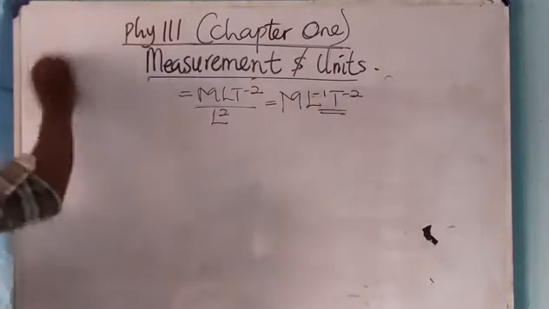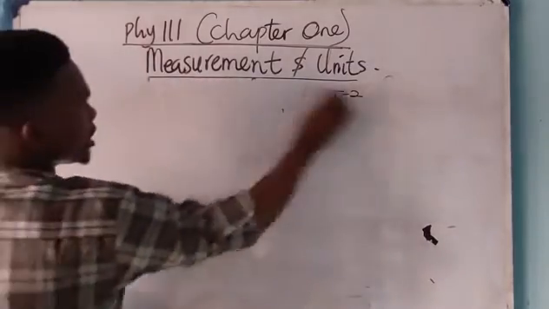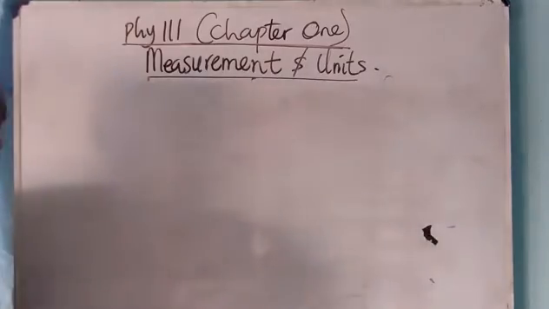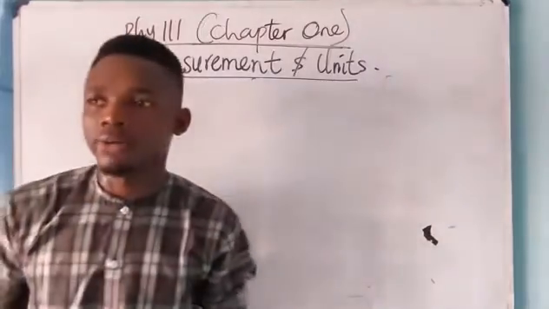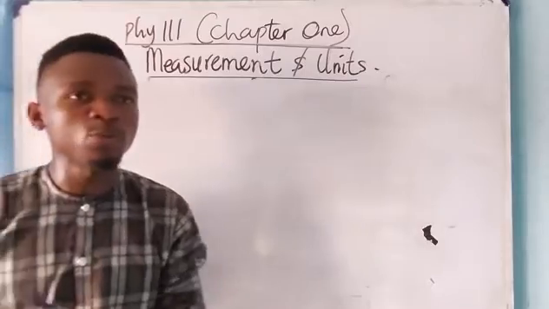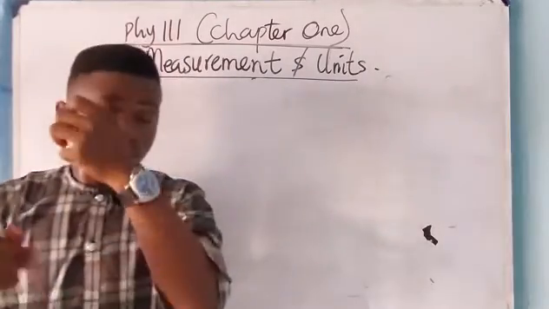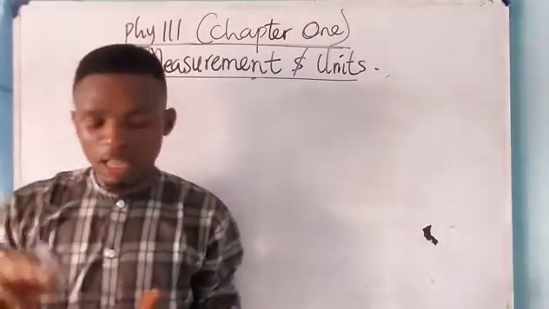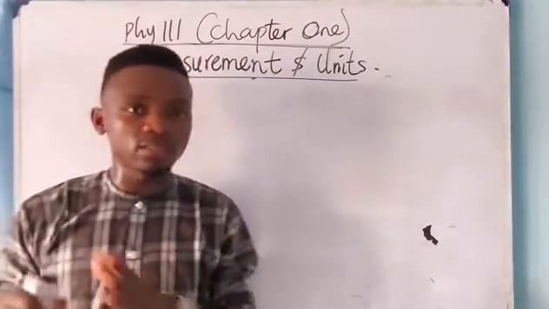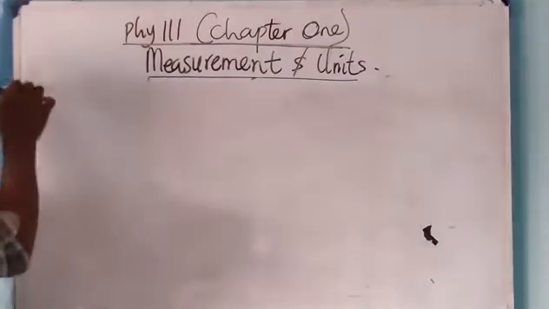Okay, the next one is density. We've proven that impulse is dimensionally the same as momentum. We've also proven that pressure, stress, and Young modulus are dimensionally the same. The next one is density.